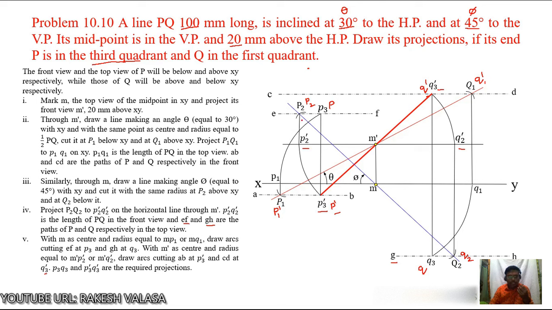Now similarly you can join P3 and Q3, or you can also call them small p and small q. This is your final top view. Now you can draw these two views, that means P dash Q dash the final front view and PQ the final top view, with HB pencil.